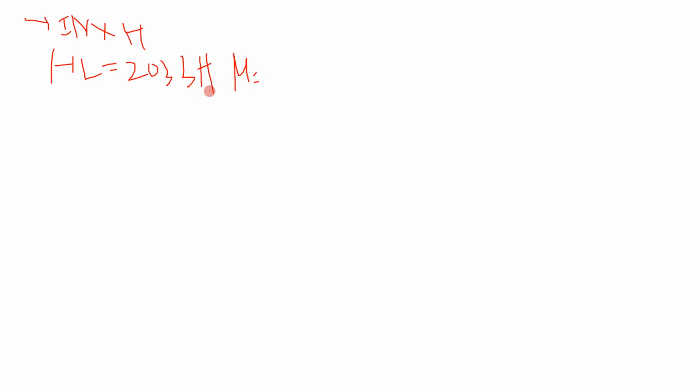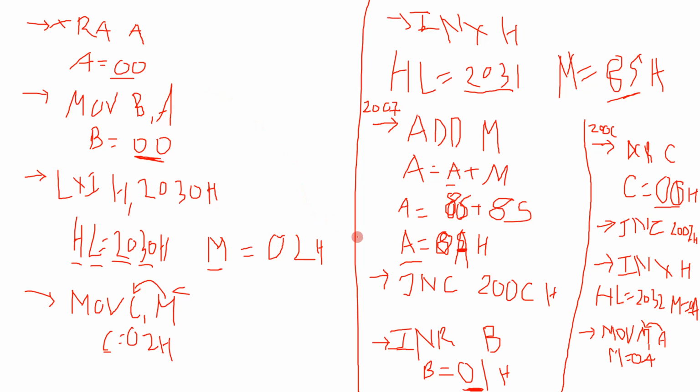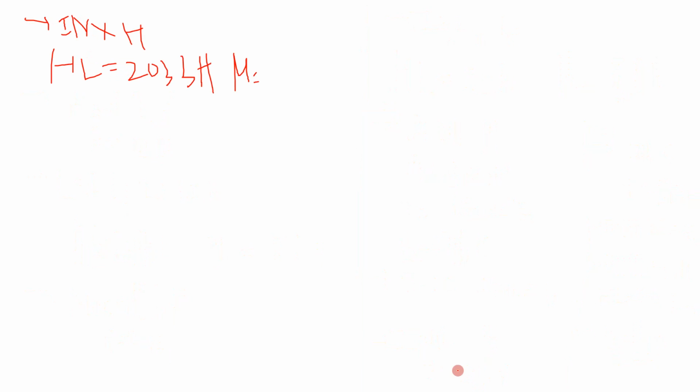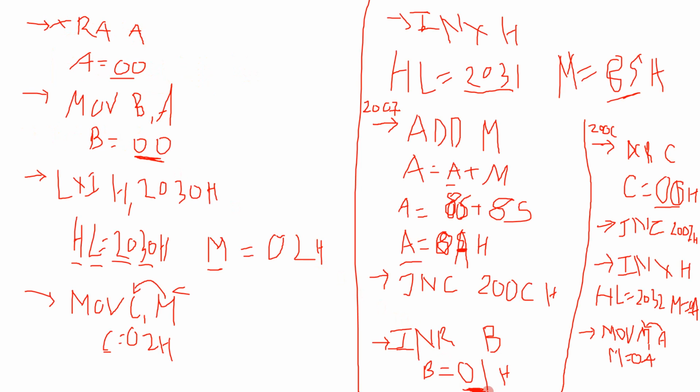We have to copy the contents of B register at location 2033. So there is instruction MOV M comma B. What is there in B? There is 01.